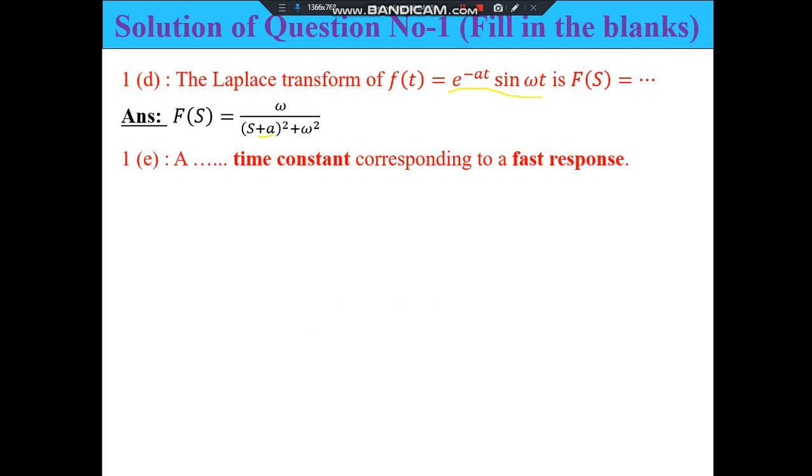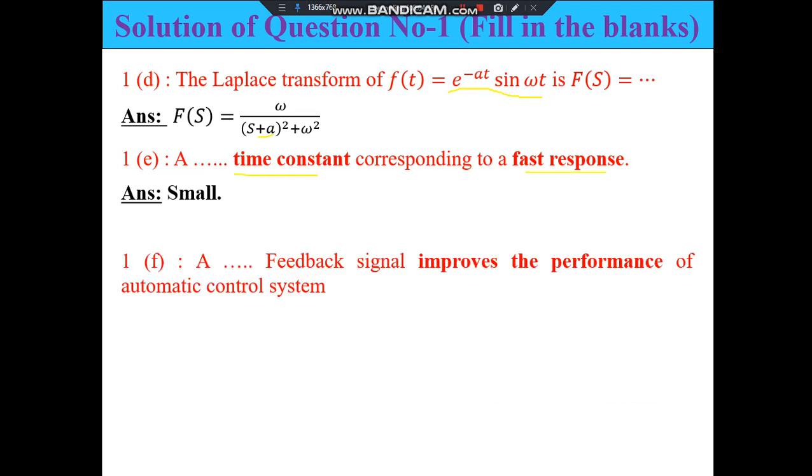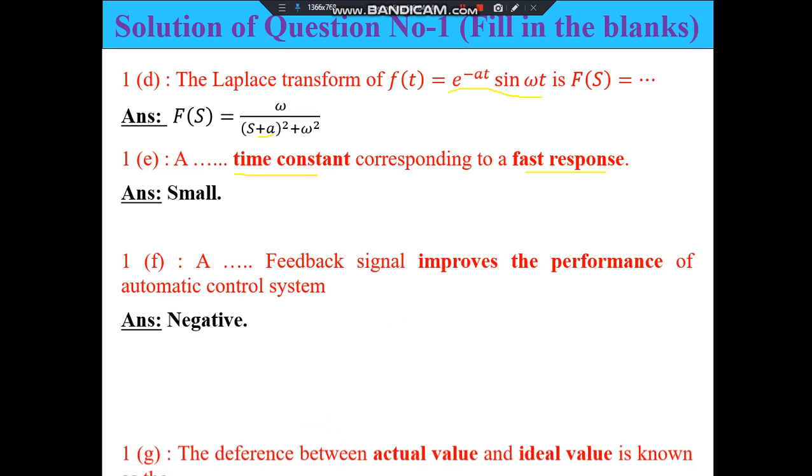A small time constant corresponds to a fast response. A negative feedback signal improves the performance of the automatic control system.